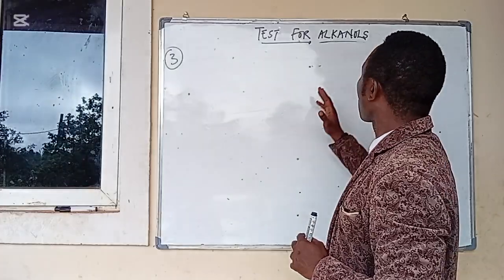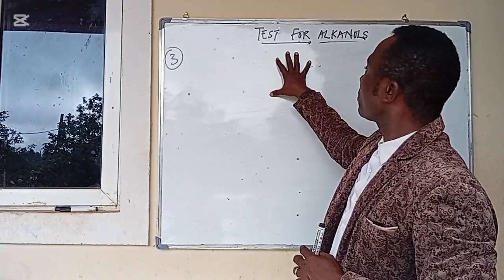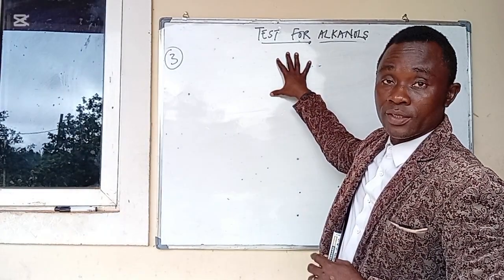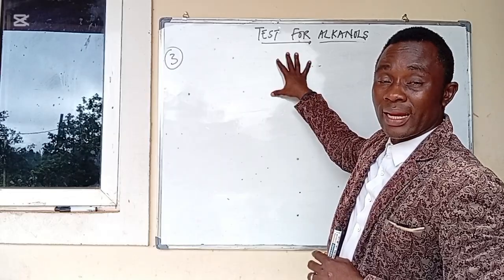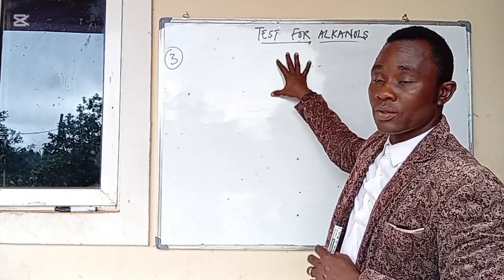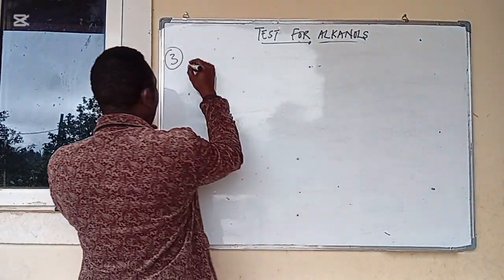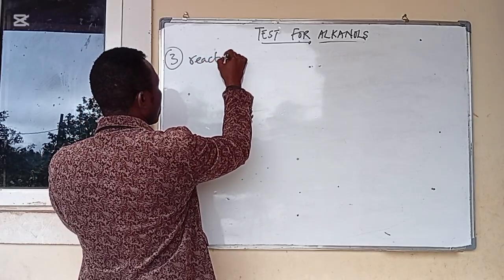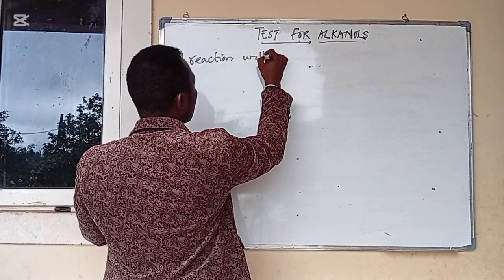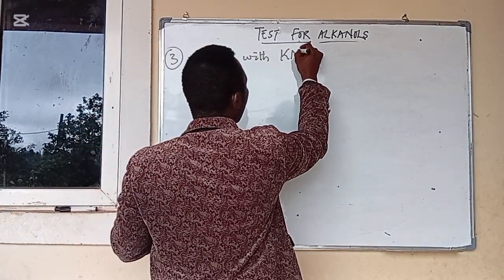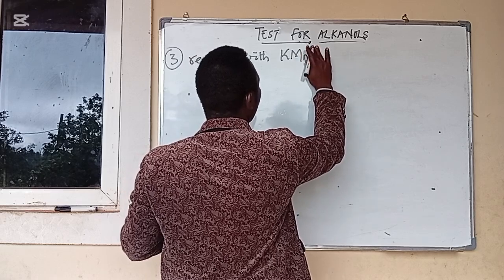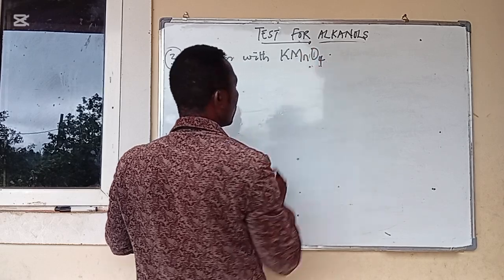Now, the third method we can use to differentiate between primary, secondary, and tertiary alkanols is a reaction with KMnO4.